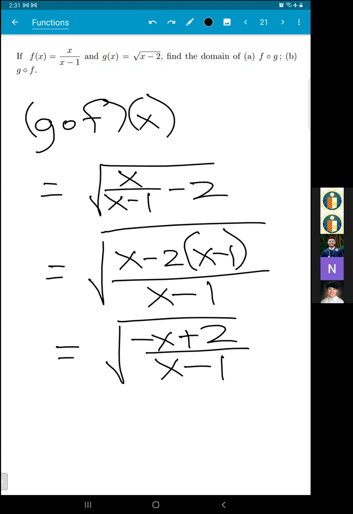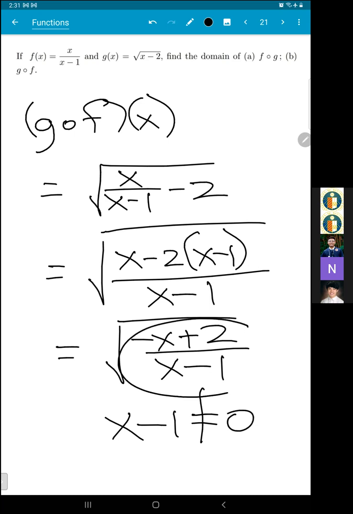So what are the inequalities involved here? Anyone? X minus 1 is not equal to 0. Of course, that should be set to ensure that the expression inside is defined. If the expression inside is not defined, then the square root of that would also be undefined.